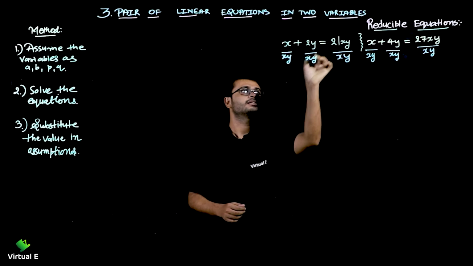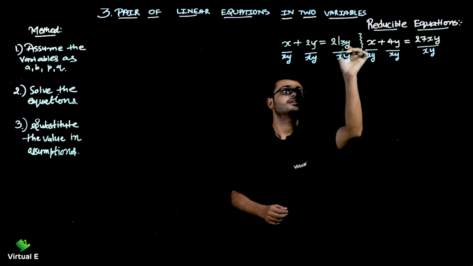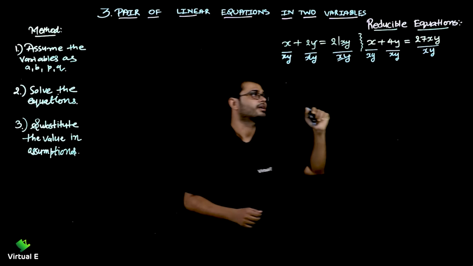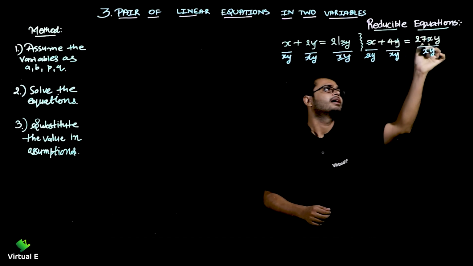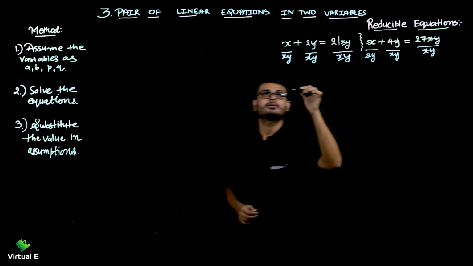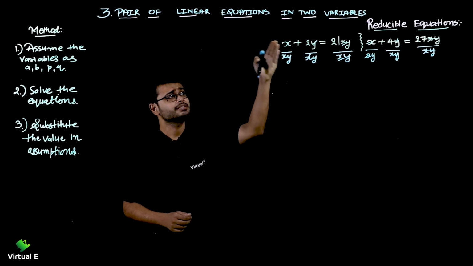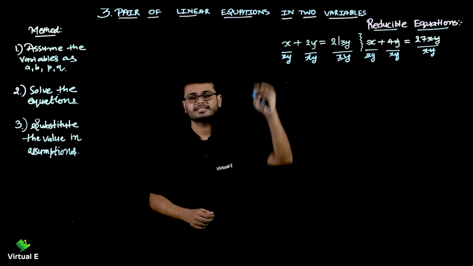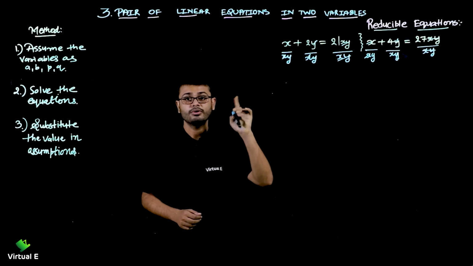x will get cancelled, y will get cancelled, and xy here and xy here. See, xy is completely removed over here. What's left? Remember, there is nothing in the numerator right now. x was there, but it has been cancelled out, so don't even by mistake write y in the numerator.